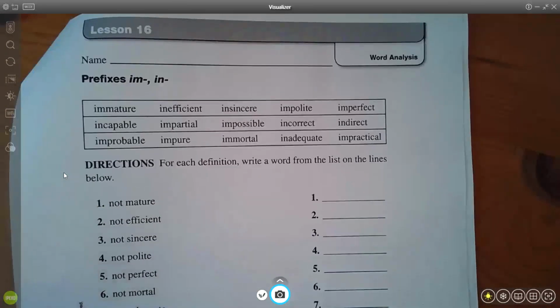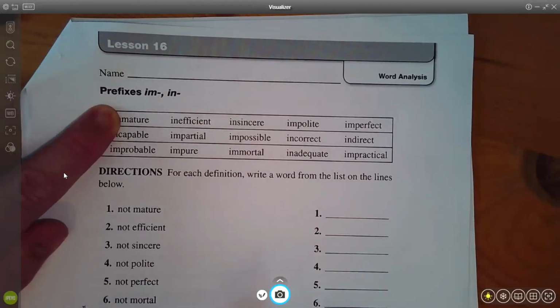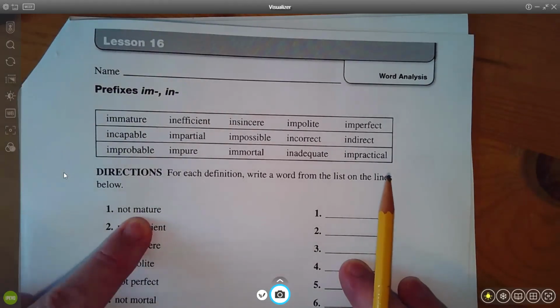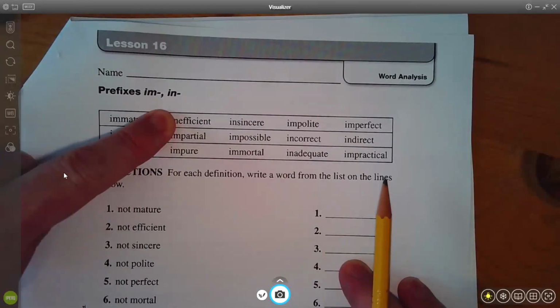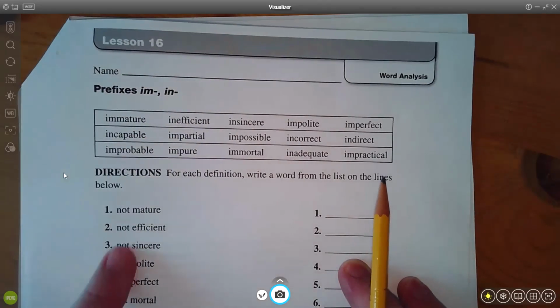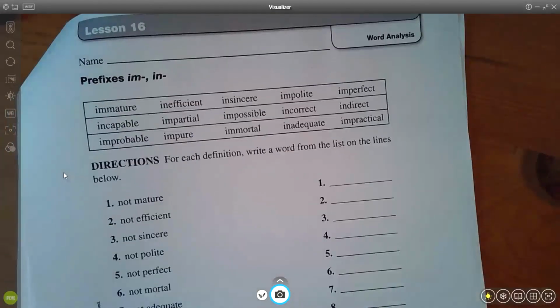Kind of like if your shoes are tied or they're untied. Tied stays the same. You just throw UN in front of it to take it off of there, right? So if someone is mature, if you put an im in front of it, that means they are not mature. If someone is efficient at their work, and you put an in in front of it, then they are not efficient at their work. So this one shouldn't be too much trouble.